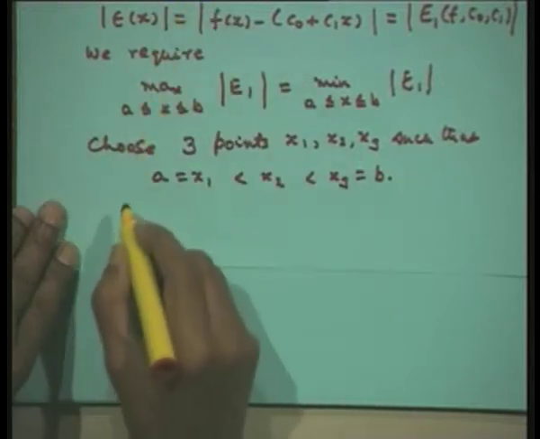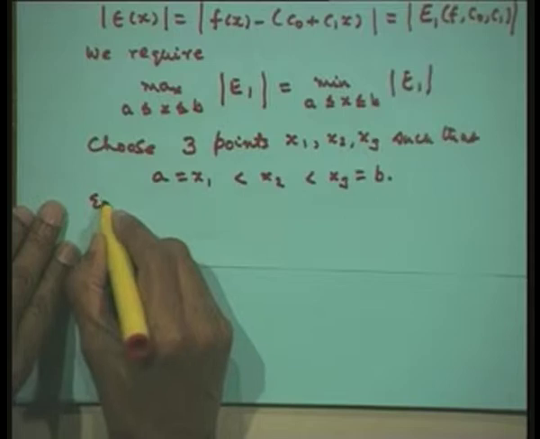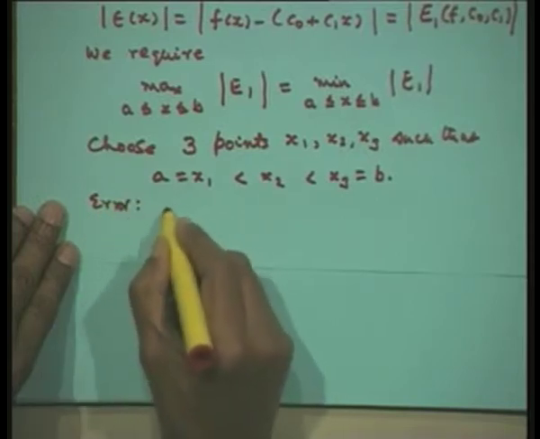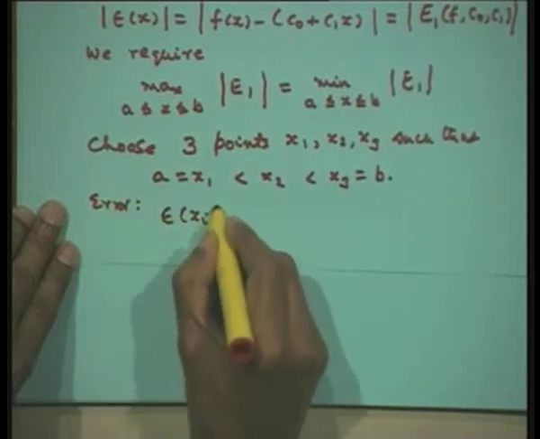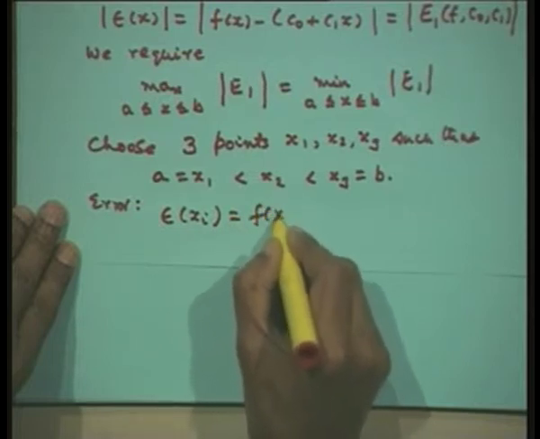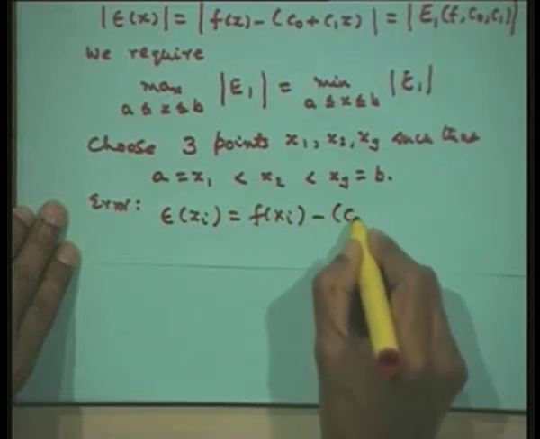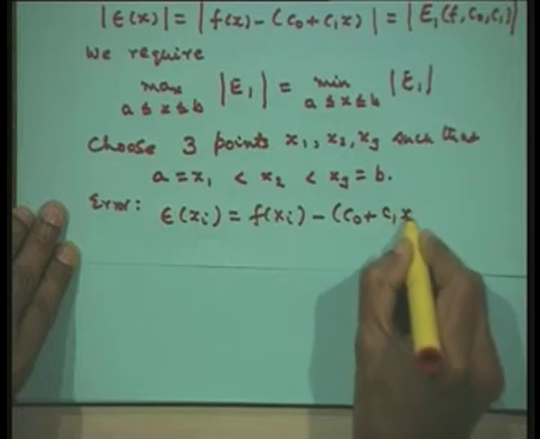Now, the error at these points will be epsilon at x I is equal to f at x I minus C naught plus C 1 of x I.